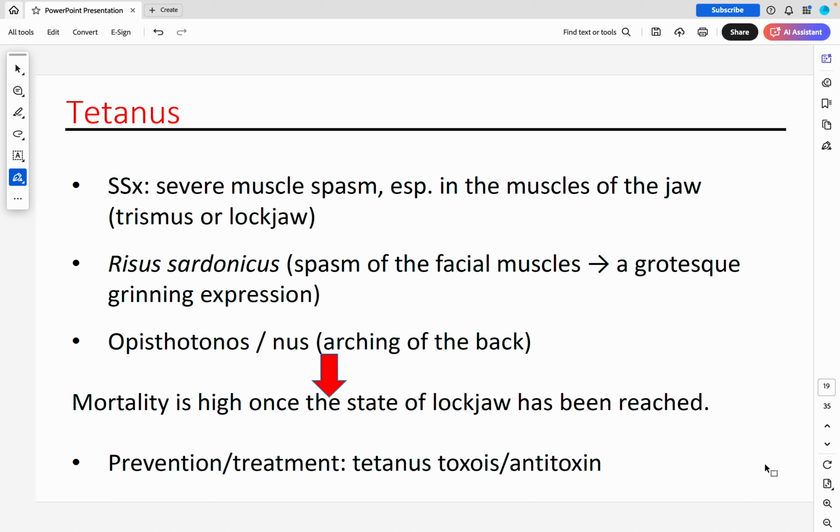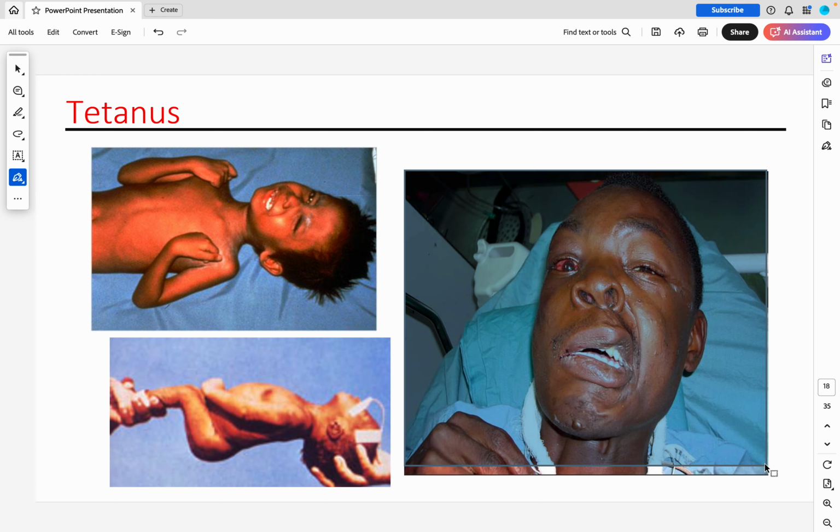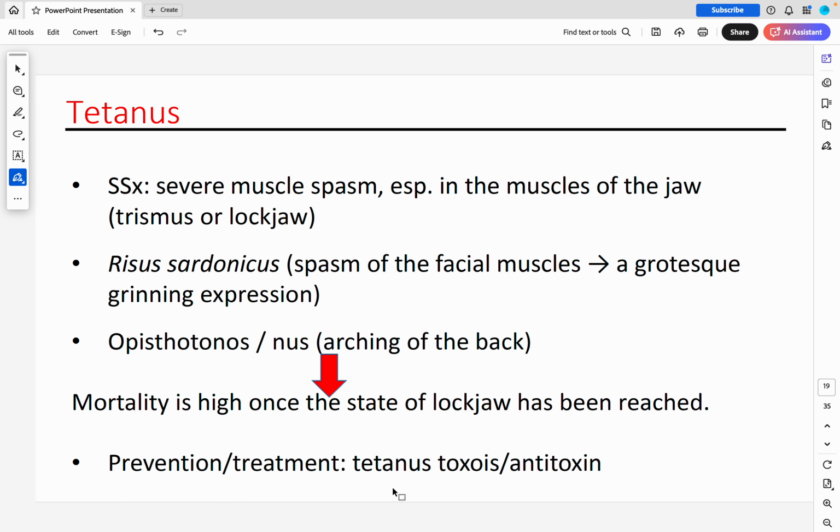And there's also opisthotonos, which is abnormal arching of the back, manifested by some patients with tetanus infection. Here you can see the arching of the back. The mortality rate is very high once there is already lockjaw in tetanus patients.